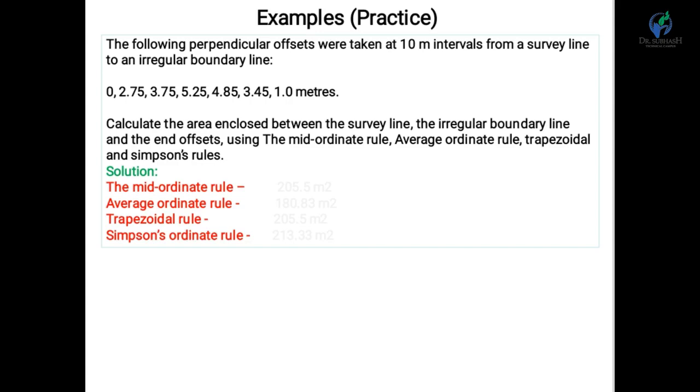We have to calculate using the mid-ordinate rule, average ordinate, trapezoidal and Simpson rule, and some of the answers are also given. That is a practice example, so you have to carry it out by your hand.